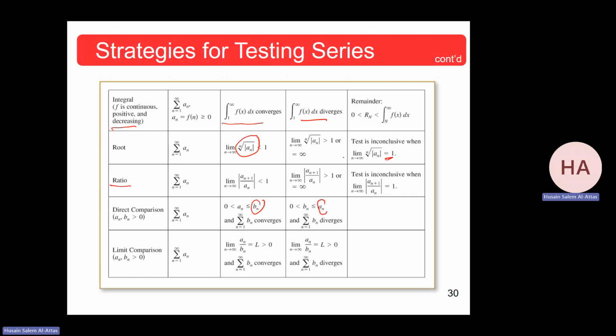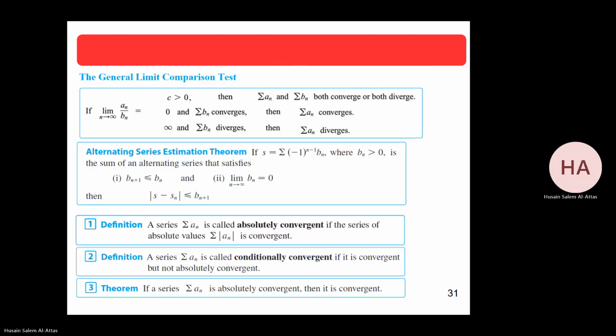If the smaller diverges, then the bigger will diverge. And the limit comparison test fixes all of this. We make it a_n over b_n, check that L is positive, then either both will converge or both will diverge.